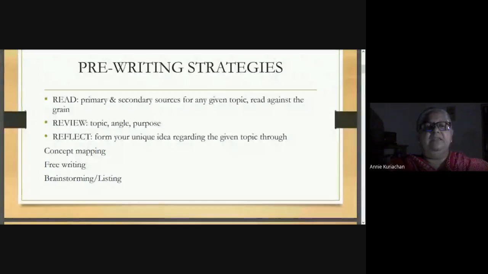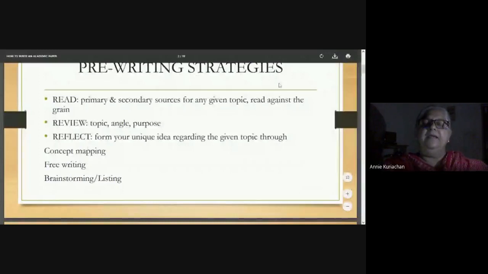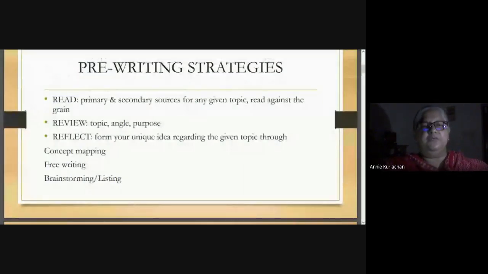For me, the angle is particularly important. When I talk about the angle, what I mean is that particular insight or perspective that you have gained after a lot of reading.